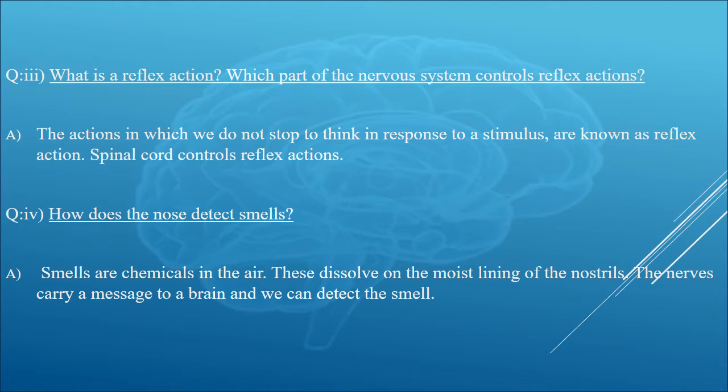Question number 4 is how does the nose detect smells? Answer is smells are chemicals in the air. These dissolve on the moist lining of the nostrils. The nerves carry a message to our brain and we can detect the smell.